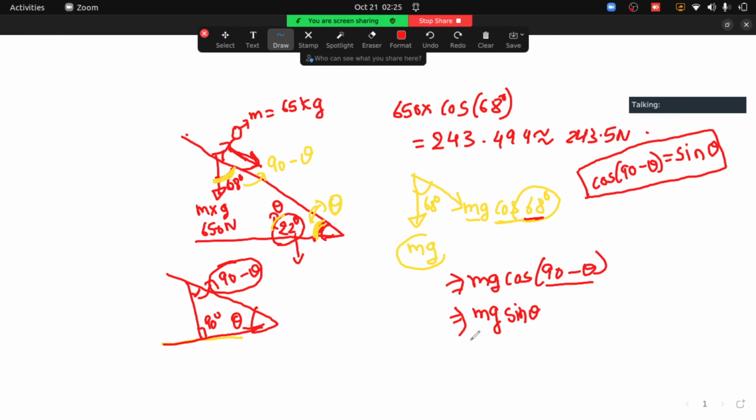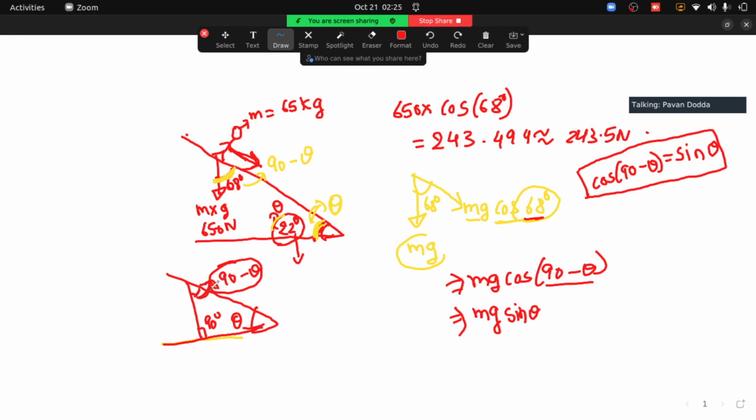Hello, am I audible? Now you are. So are you following me up until this point? Can you explain the mg cosine part? Yeah. Here the angle is 90 minus theta, which we just now figured out.